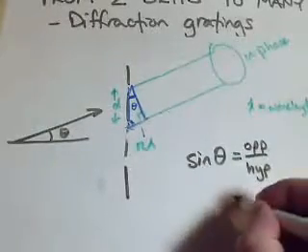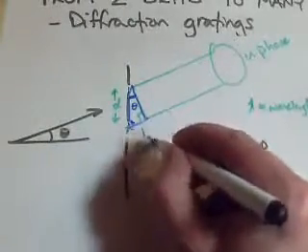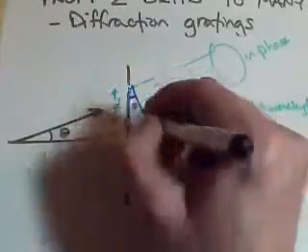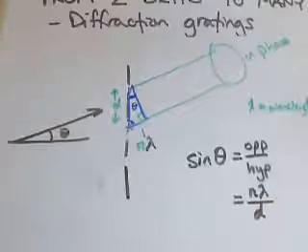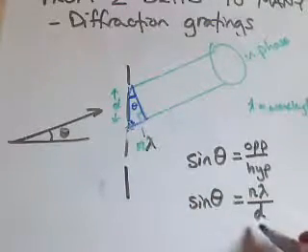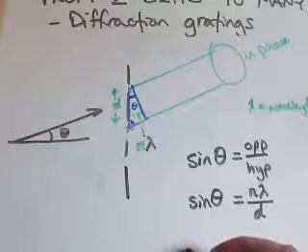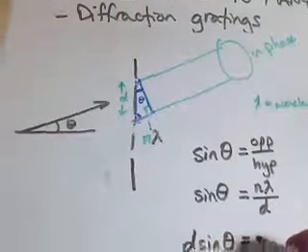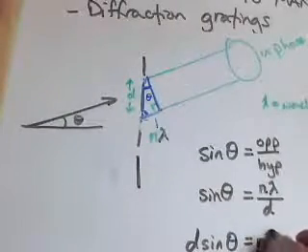Then let's put the values in. The opposite is this one here, which is my n lambda, and the hypotenuse is this one here, which is d. Okay, and that's sine theta. So if I multiply both sides of that by d, I get that d sine theta equals n times the wavelength lambda.